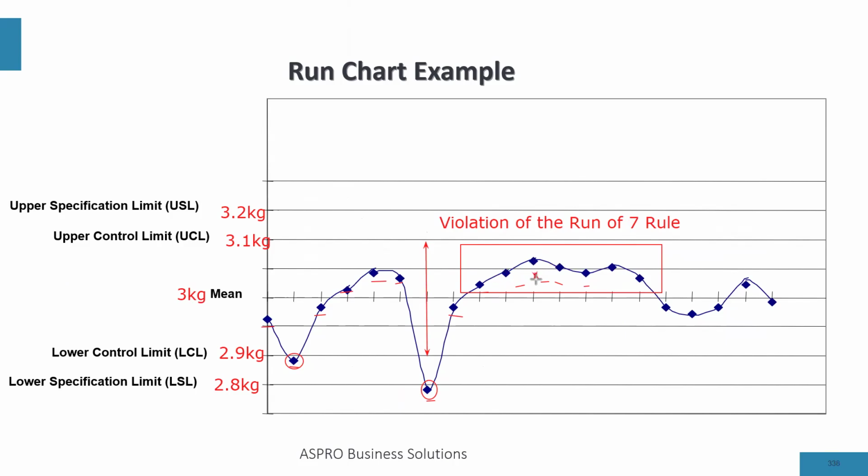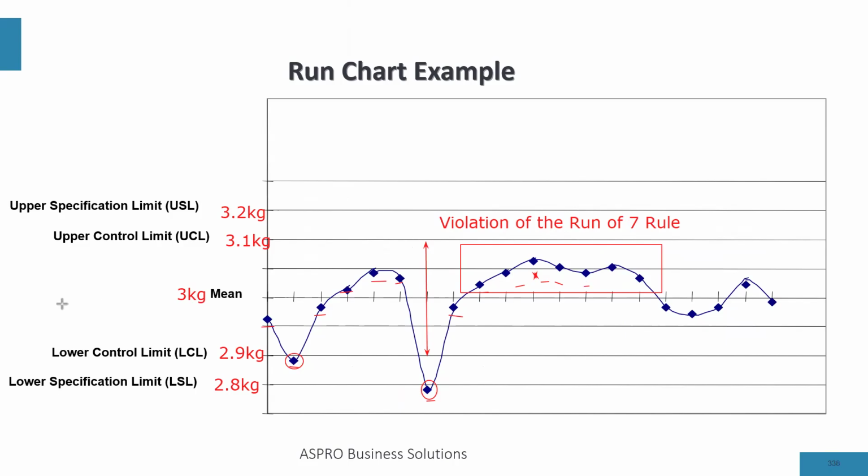So it's giving you signs already. It's not random anymore. It's tending to a certain level. So if you are using a run chart, when you find some consecutive data points above or below, you should investigate the system to see if there's going to be any failure happening soon.